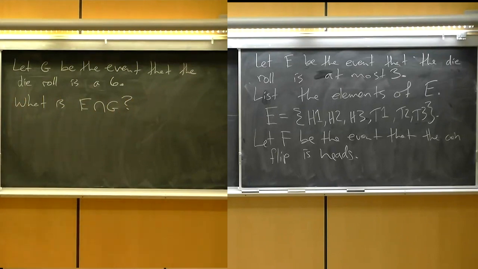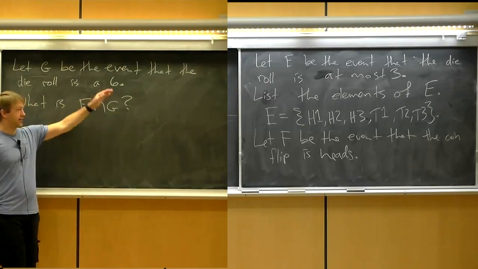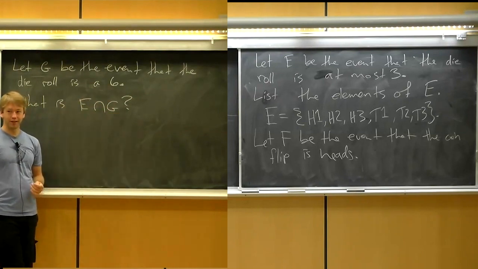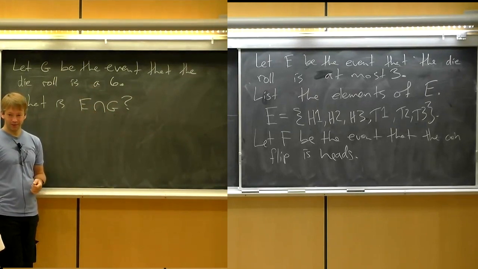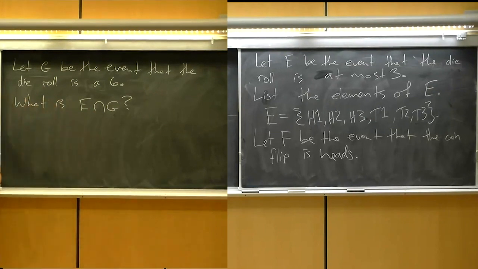So for these two events, E is the same event as before, and G is this event. What would be the intersection of these two events? It's going to be the empty set.